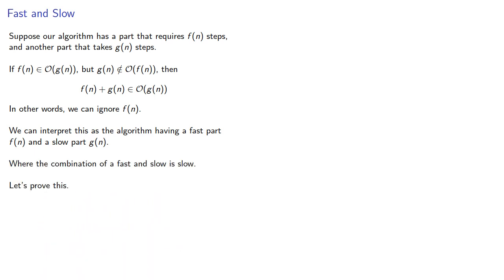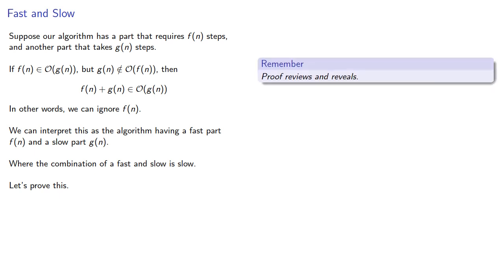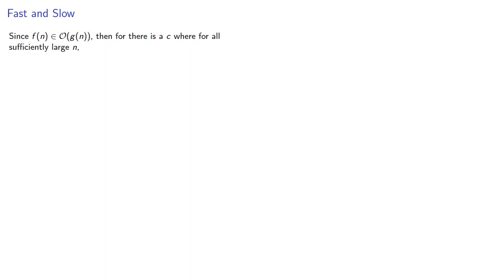Let's prove this. Now remember, the purpose of proof is that proof reviews and reveals. It reviews things we should know, and sometimes it reveals new insights. Since f(n) is big O of g(n), here's the review, then there is a c where for all sufficiently large n, f(n) is less than or equal to c g(n).